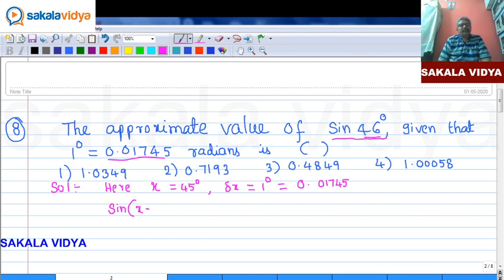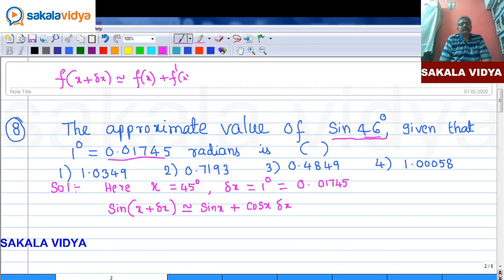This formula we can write instead of f of x plus delta x: sin x plus the derivative cos x into delta x. It is this formula only: f of x plus delta x approximately equal to f of x plus f dash x into delta x. Here the function is the sine function.